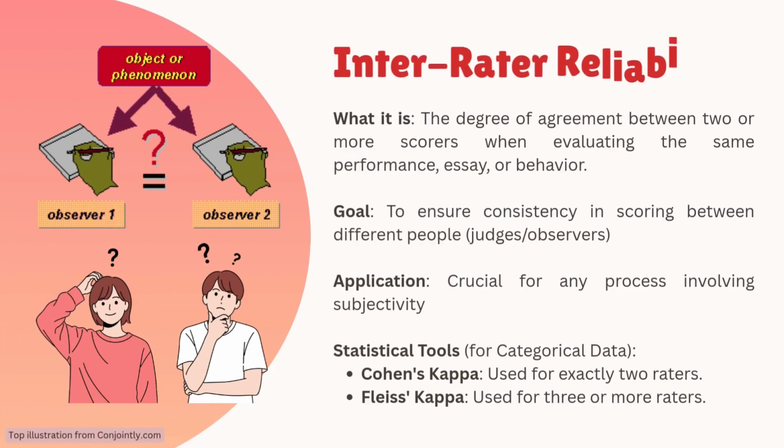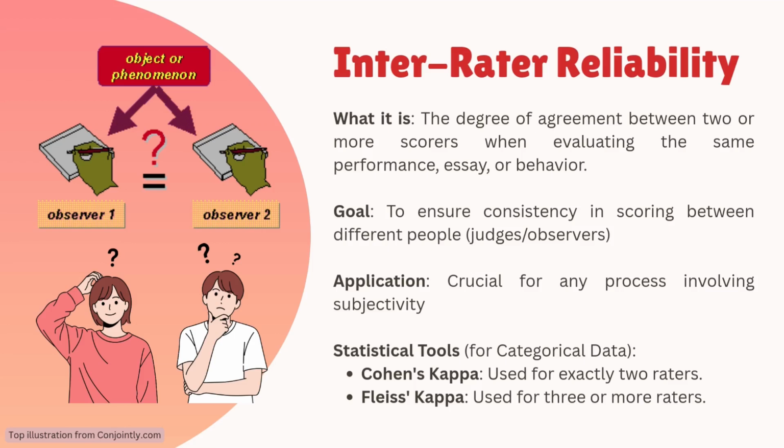Now let's discuss the final main method of checking classical reliability, inter-rater reliability. So this method tackles the error introduced when human judgment is involved in the scoring process. The core purpose of this is to ensure that the scoring is consistent, not between tests or items, but between different people who are scoring or observing the results.